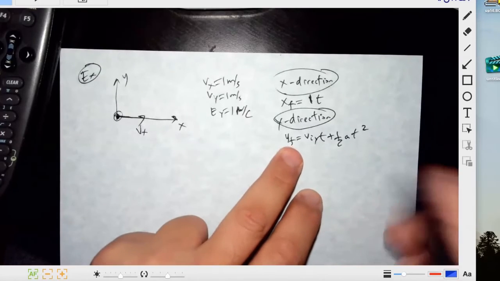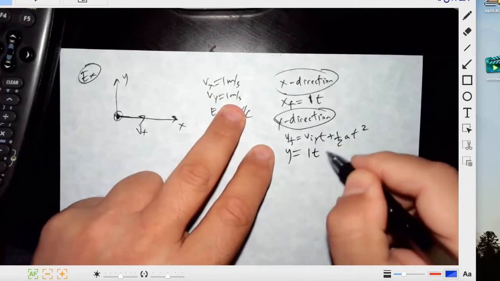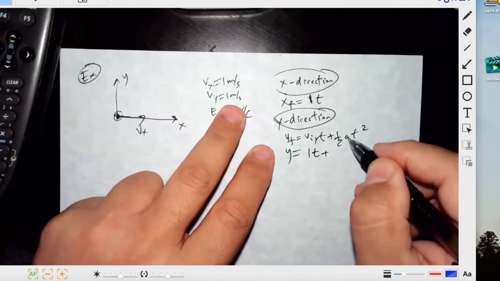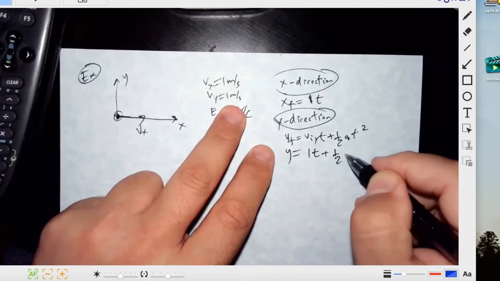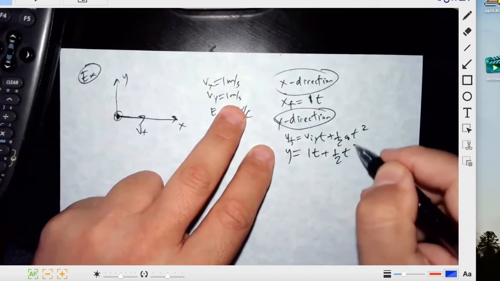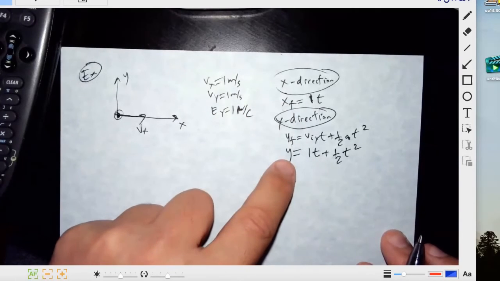So then y final, the initial y is also 1, and then a was 1, right? So then you have 1 over 2, so that's half, and then times 1 times t squared. So this is the equation in the x direction, this is the equation in the y direction, right?